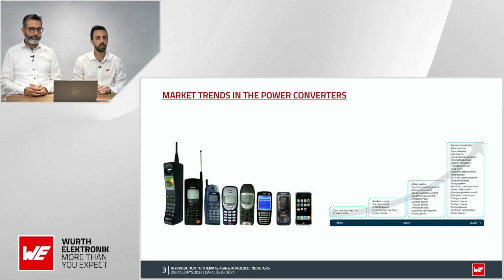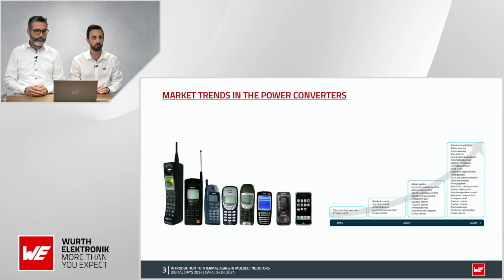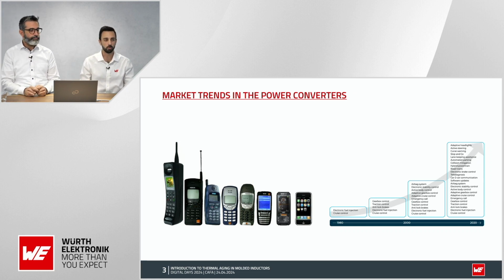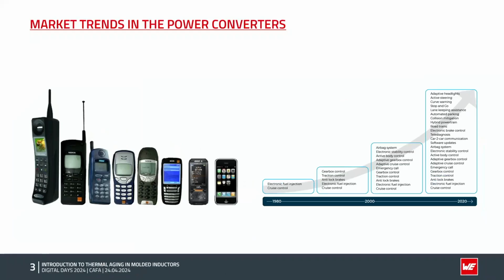market trends, and I selected these two examples because everybody is very familiar with them. On the left side of the slide, we have the evolution of mobile phones from the early 90s until the latest. This is not the latest smartphone you can find, but you have the idea.